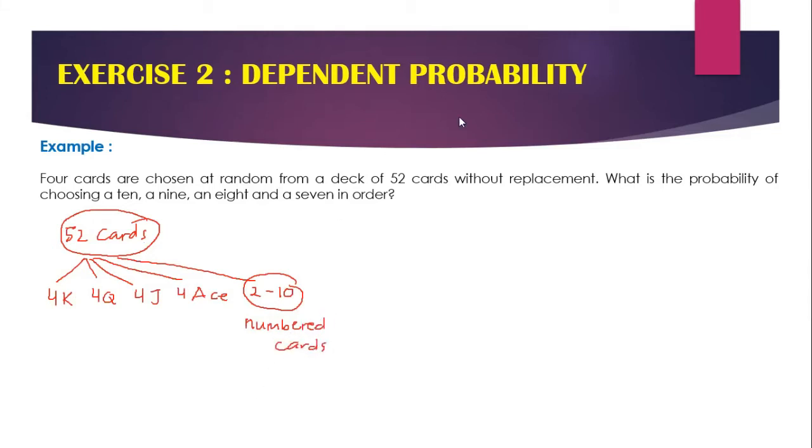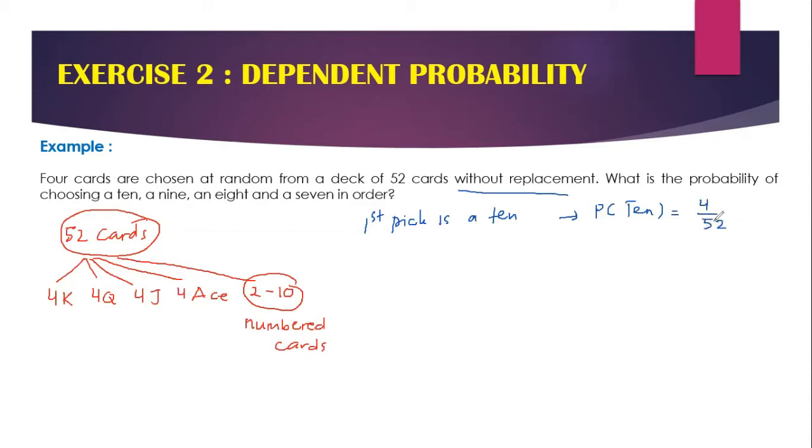So the question is about probability without replacement. Okay, students. For the first case, it is a 10. So the probability of a 10: how many 10s? 4 over the total, 52.